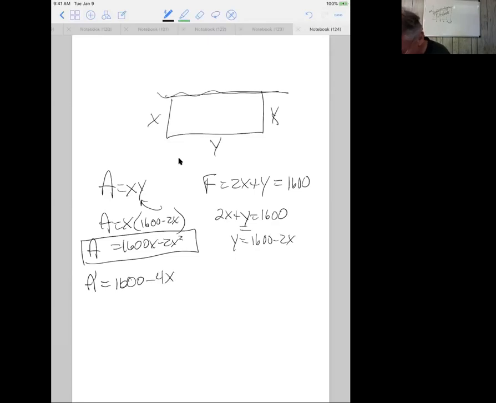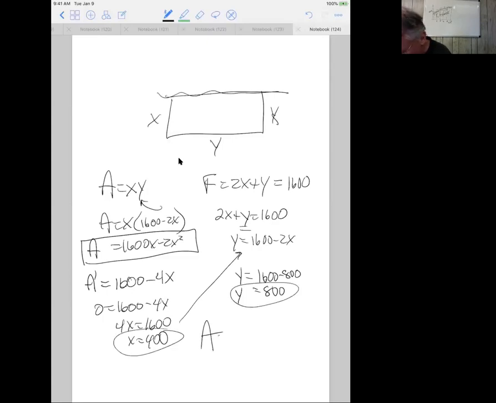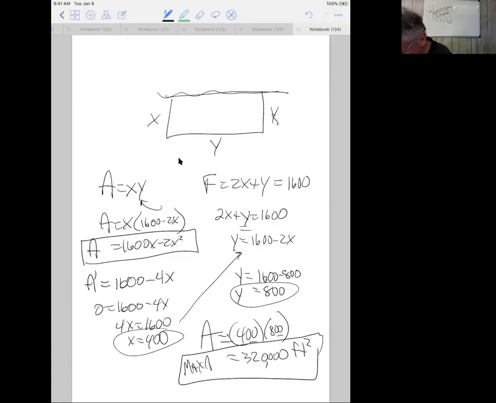Set it equal to 0, and we end up with 4x equals 1,600, x equals 400. Plug it back in here, and you end up with y equals 1,600 minus 800, which is 800. Therefore, area equals 400 times 800, which is 320,000. And it's feet squared because it's area. Max area. Okay? Any questions on that?